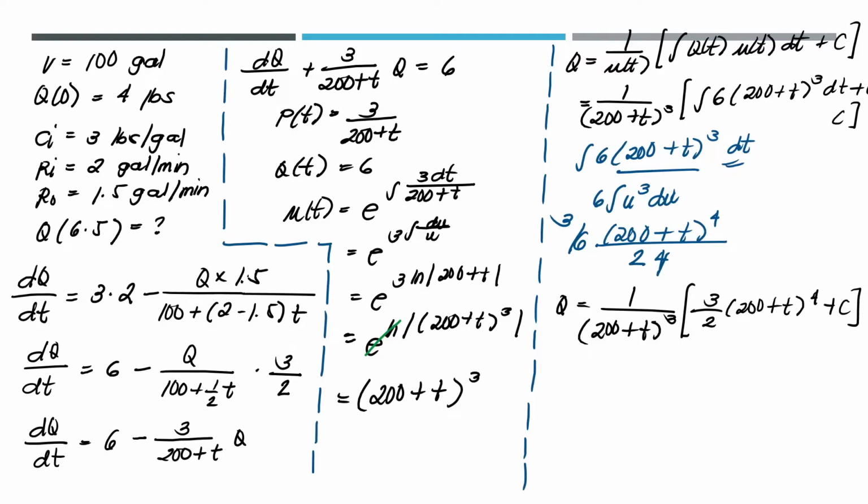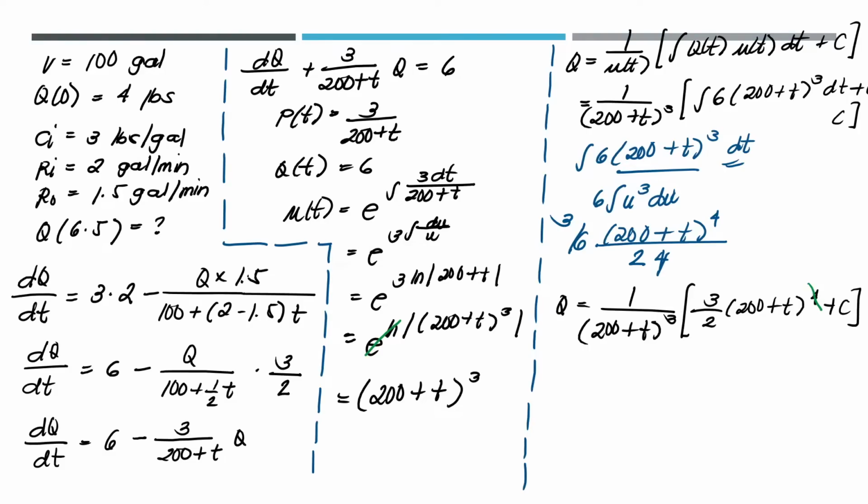Okay, so next, no? So, just going to distribute yung ating 1 over 200 plus t cube. Pag dinistribute natin siya isa-isa, ito yung 4, di ba? They have the same base but they have different exponent. So, let's say x to the fourth over x cube, that is simply x, no?